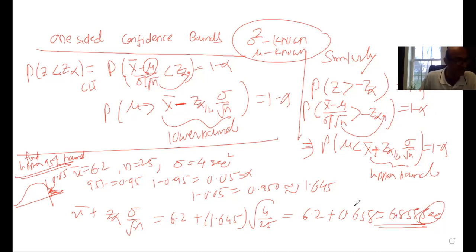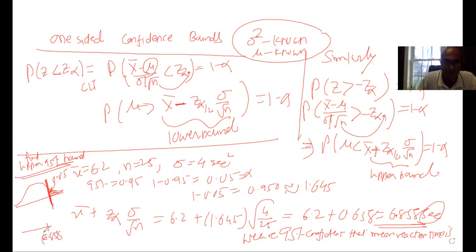We are 95% confident that the mean reaction time, now upper bound, upper bound means this mean reaction time will not exceed 6.858, right?